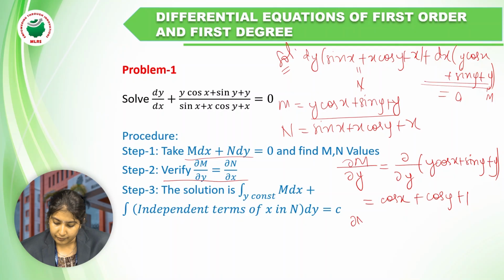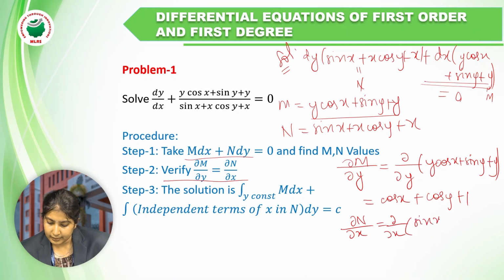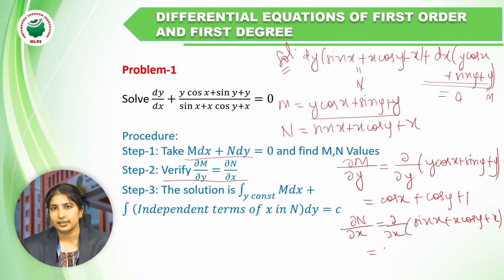Now similarly we perform dou N by dou x. That is dou by dou x of N, which is sin x plus x cos y plus x. Partially differentiating with respect to x, which means here y should be a constant. So differentiation of sin x is cos x. Next, cos y is a constant, and dou x by dou x is 1, and differentiation of x is 1.